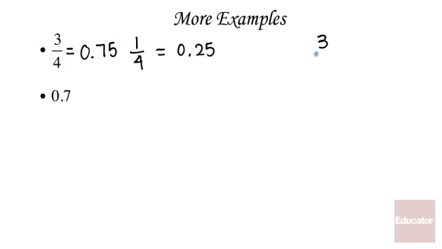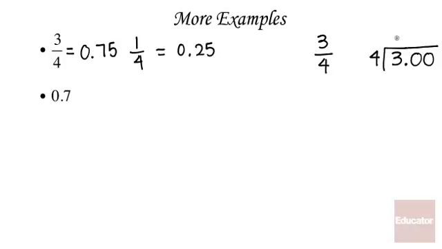If I want to do this mathematically, I can take the 3 and divide it by 4. The fraction bar means divide. So 3 divided by 4. Now this is a whole number, so I have to put a decimal after it, and then I can add as many zeros as I want. Let's make this longer. So 4 goes into 30.